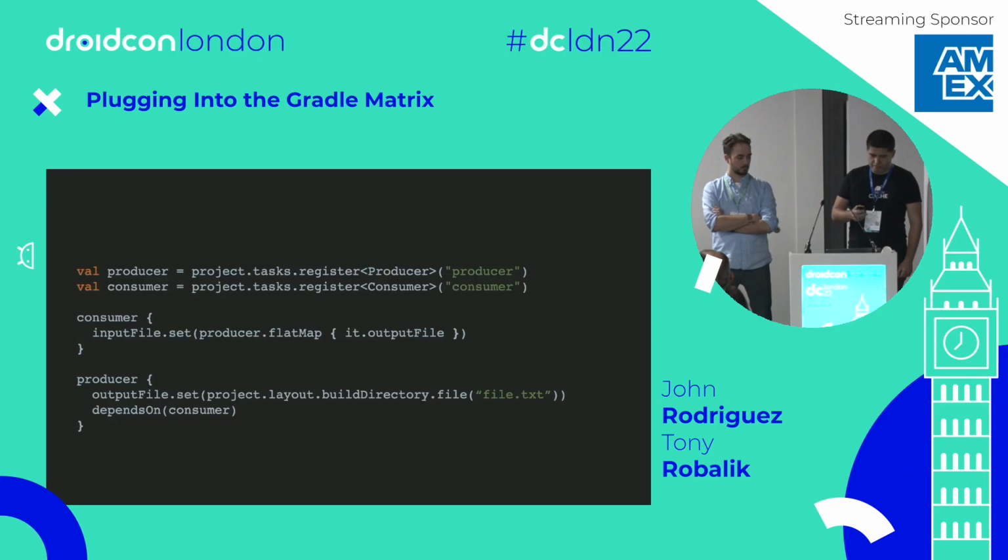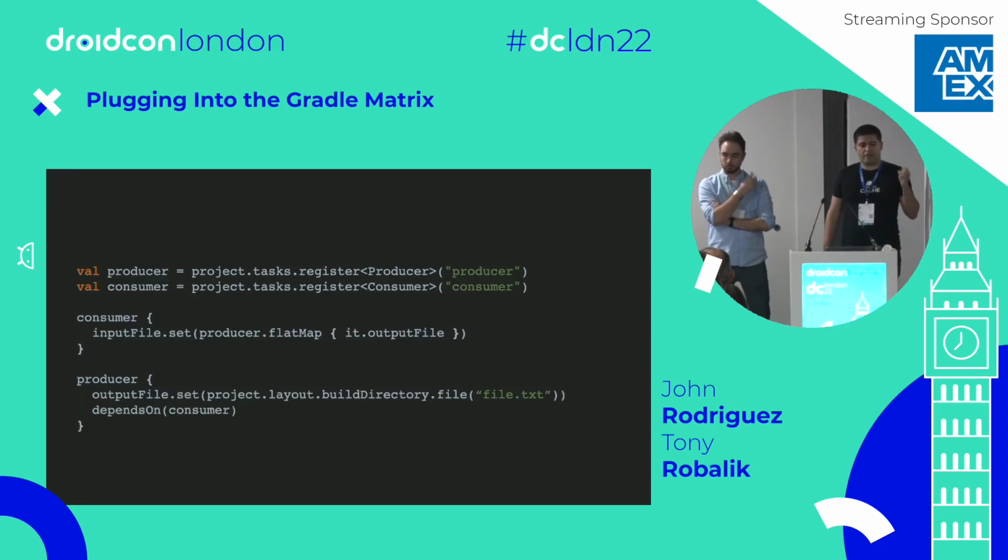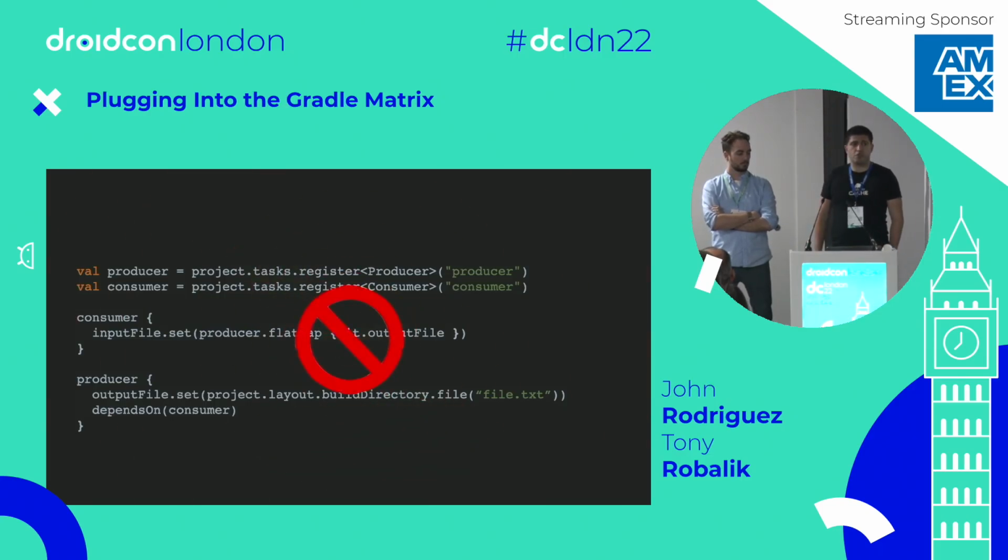If I go back, you may have noticed in the past some tasks will explicitly depend on another task. You may have done this yourself in your plugin development. However, you should probably avoid this too. If it's internal to your plugin, you could probably get away with it because you know the details better than anyone. But reaching into a third-party plugin and saying depends on is a bit of a smell.